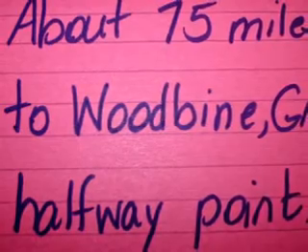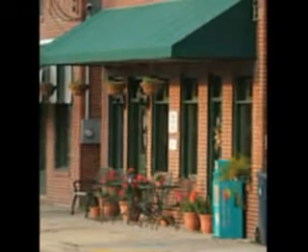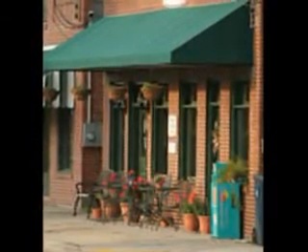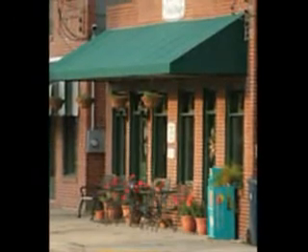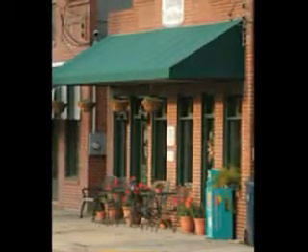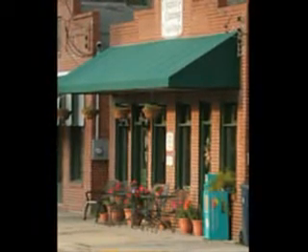Now their son can have a break during their trip. The Dysons will stop at Woodbine, Georgia in Camden County so they can get some gas and let their son run around for a few minutes. They may also see some sights while they are there.